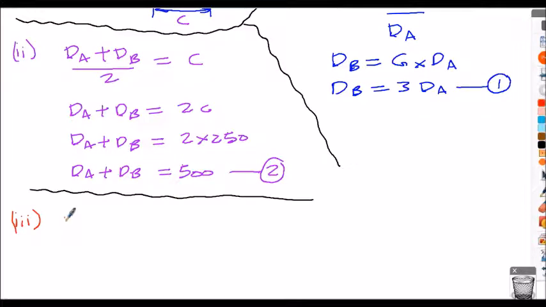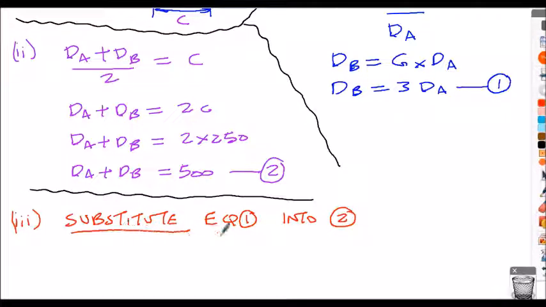Step 3: I'm going to substitute equation 1 into equation 2. You do the arithmetic on that. You take this expression, dB is 3dA, and put that in for dB here. You replace the dB with that expression and then rearrange as required.